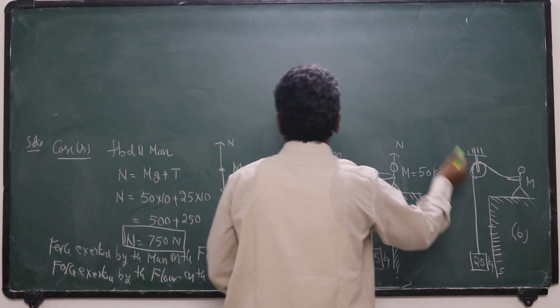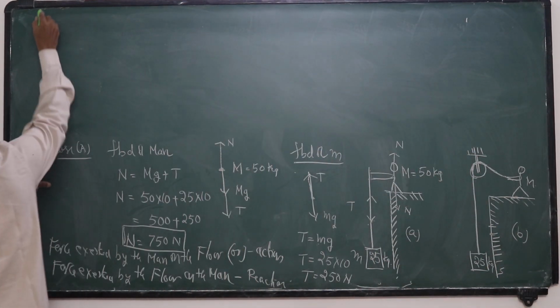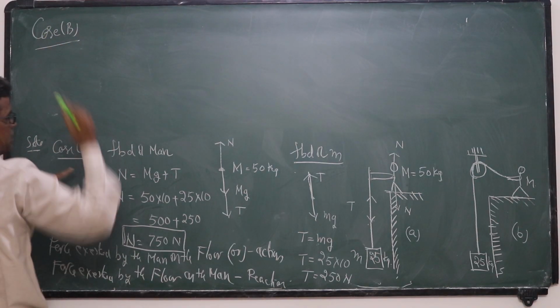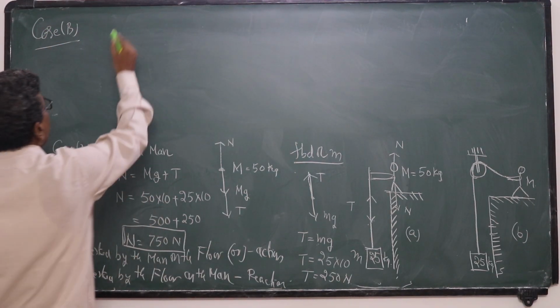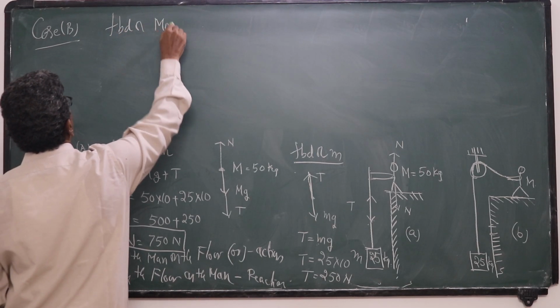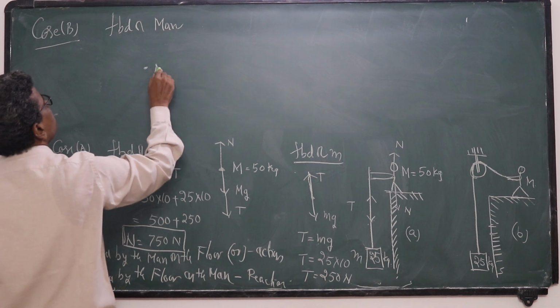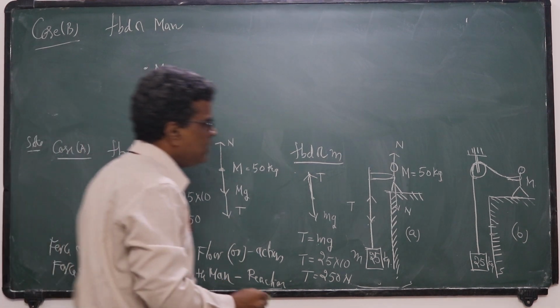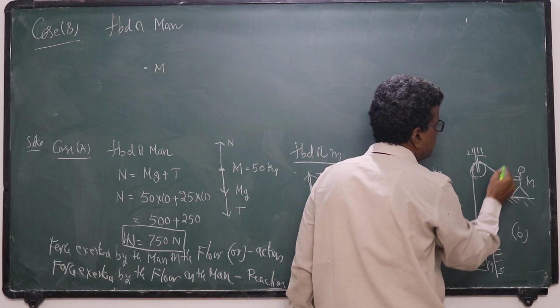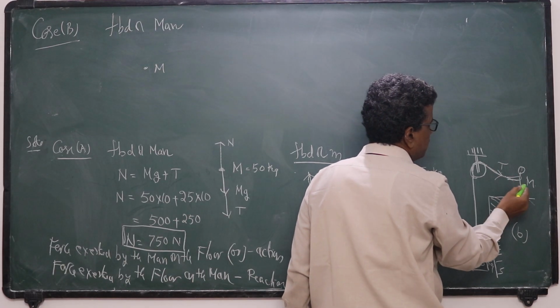Okay. So now case B. So case A, I explained here. Case B, now I am going to explain here. What is FBD of man? FBD of man. So M is M. Here the man pulls the string with a force T, let it be.